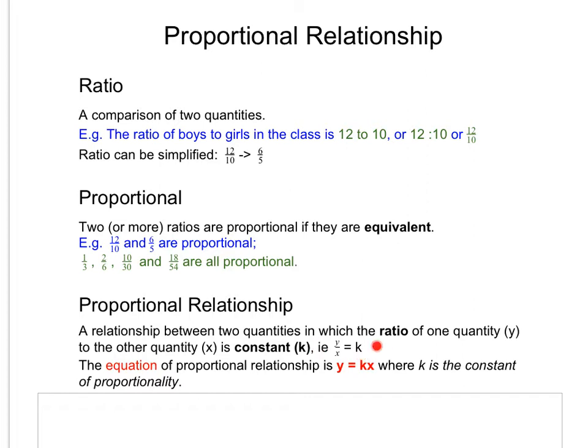And then I will have y, and then x cancels out with the other x that I multiply, and then k times x. Okay? And this constant k is called the constant of proportionality. Okay? So k is a constant. It has a special name for this special kind of relationship.